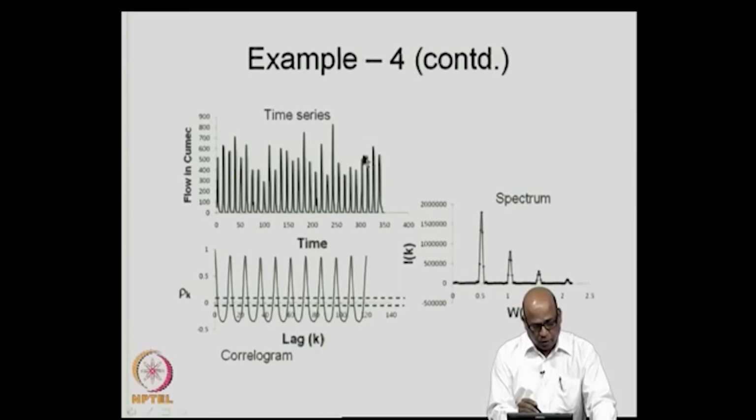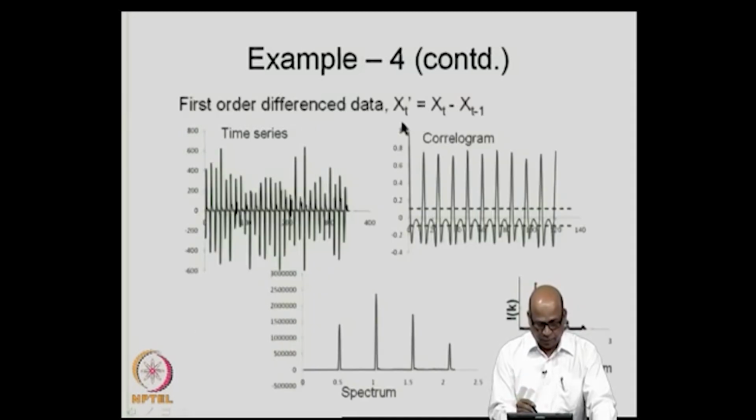So, in the original data which is shown here, all I do is take x t and deduct x t minus 1. So, I formulate a new series x dash t as x t minus x t minus 1. Corresponding to the original series, you have a new series now, and that series I plot here. So, this is the time series of the first order difference data x dash t.